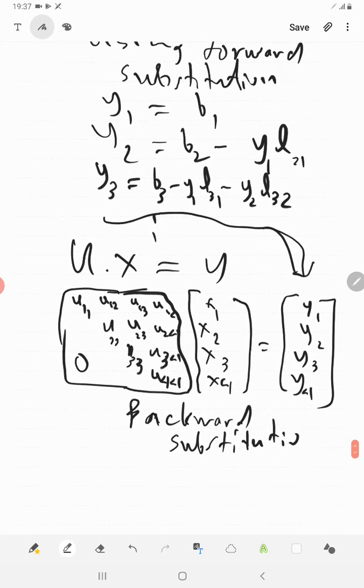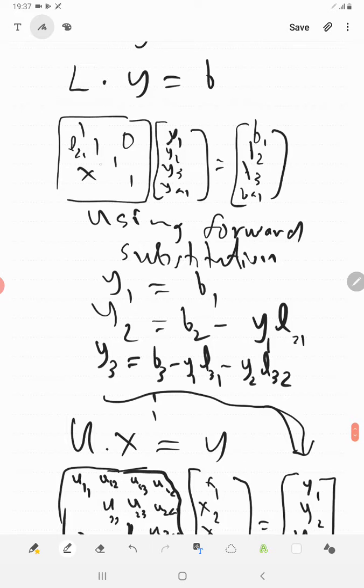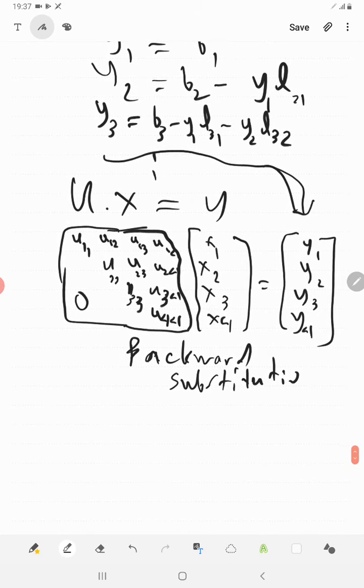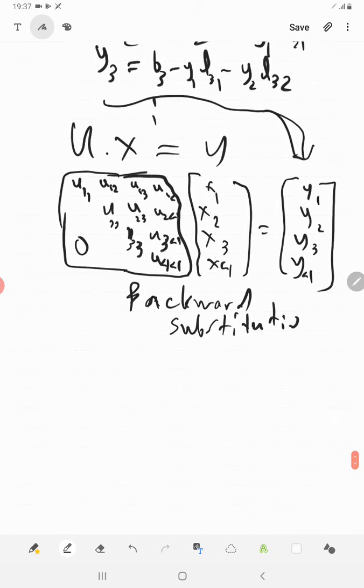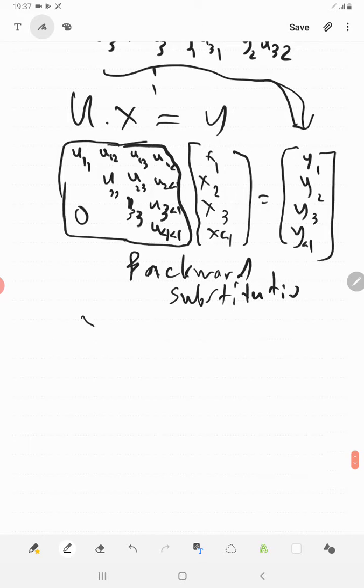Since in the forward substitution the diagonal elements are 1, we do not need to divide by anything, because we are dividing by 1. In here, x4 is equal to 1 over u44, that's the one here, times y4.